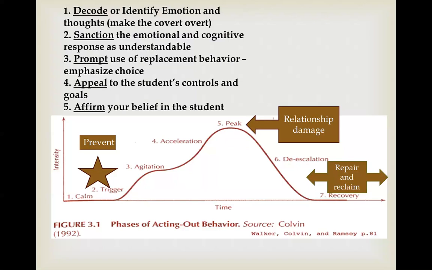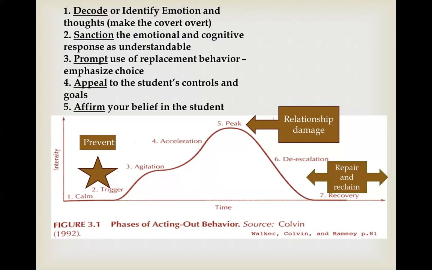We don't have time for it, but this is as close to a magic wand as I can give anybody who's working with troubled kids with regard to showing up at that prevention stage where the star is. That's where these things get said. That's where you're showing up in the moment with the big suit.